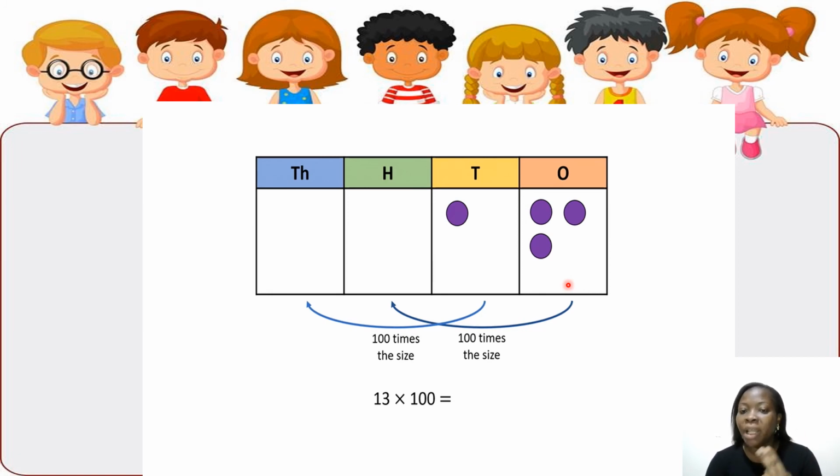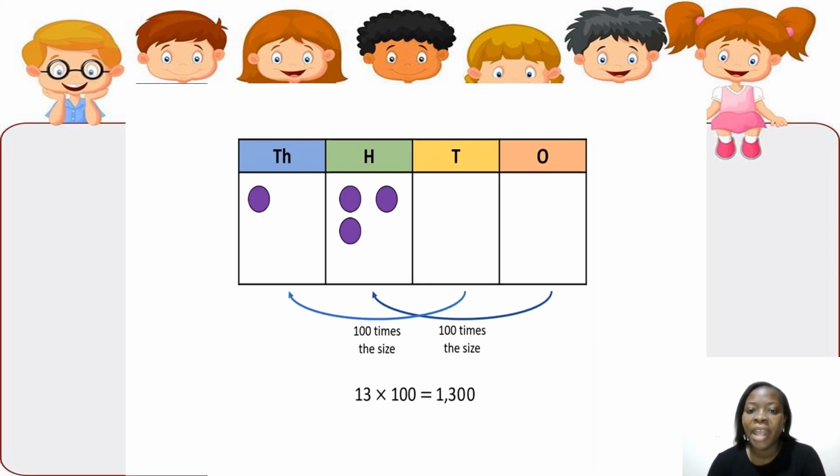But when we multiply by 100, we move 2 columns to the left. So I'm going to move my counters 2 columns to the left. 1, 2. So my tens move here, and my ones we move 2 columns to the left to go to the hundreds. 1, 2. So let's see how this is shown on my next slide.